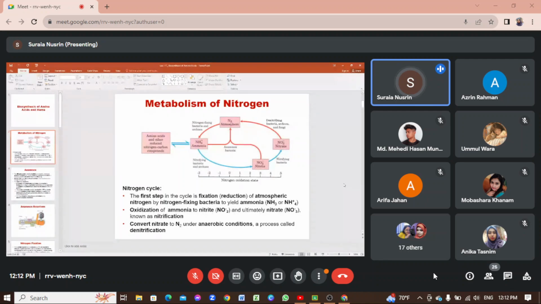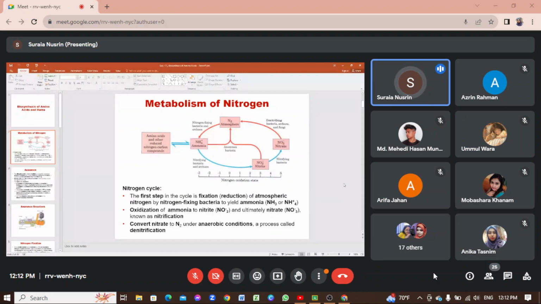nitrogen fixing bacteria and archaea which are able to fix the nitrogen as ammonia, and then this ammonia is oxidized into nitrite or nitrate, eventually nitrate, and that process is known as nitrification.